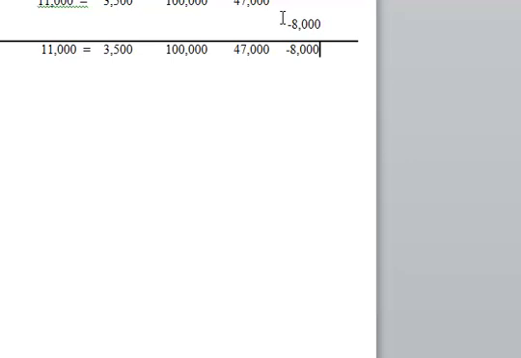So now we can add up the left side of our equation, and we should come up with $142,500 on the left side for assets. And when we add up the right side, we're going to take $3,500 plus $100,000 plus $47,000 minus $8,000. We're going to subtract our expenses, and we'll end up with $142,500. We'll still be in balance.